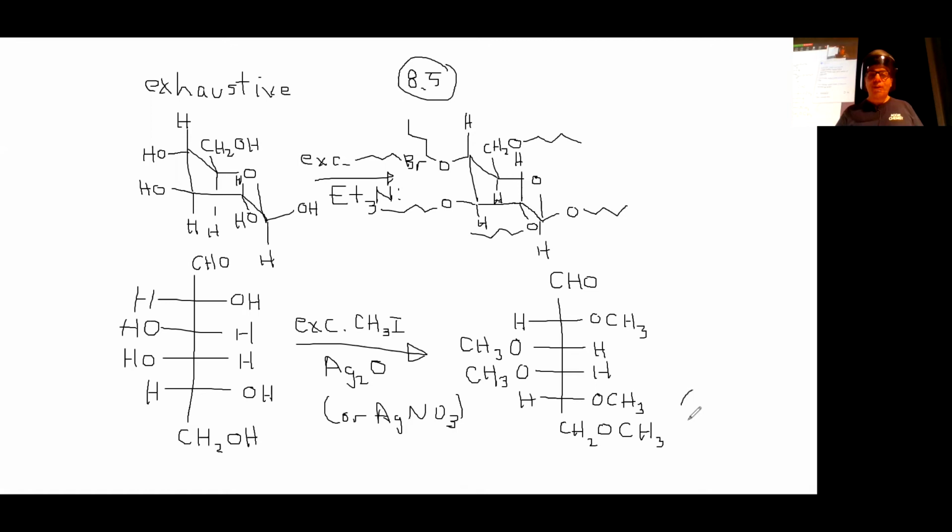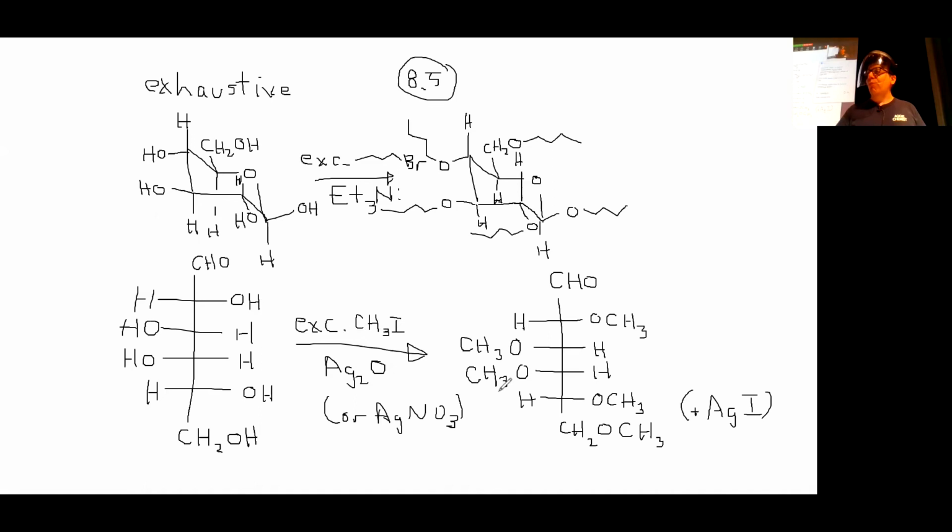And the reason they use those is, as you might recall from Gen Chem, the silver 1 ion loves halide ions, and they form exceedingly insoluble precipitates. So for instance, if you used either one of these silver 1 salts, you would also get out at the end silver 1 iodide, which is completely insoluble in practically everything.